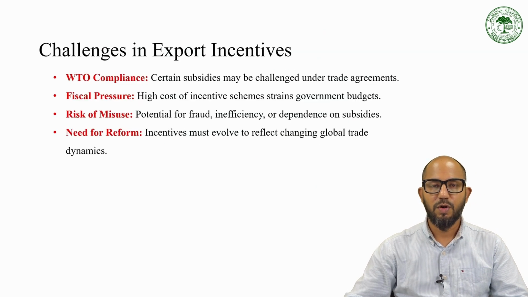The question is, what are the different challenges in export incentives? The first is World Trade Organization compliance. Most of the countries are signatory to GATT and also have participated in World Trade Organization negotiations, which was established in 1995. And in order to participate, there are rules and regulations which a country has to follow.